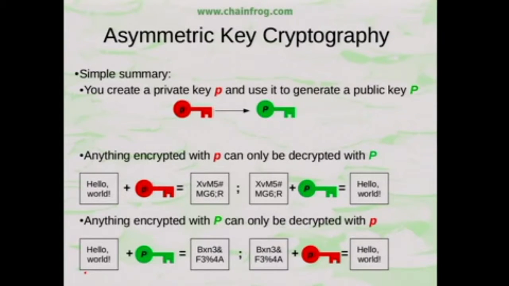So at the bottom, hello world, encrypted with the public key, gives you a different ciphertext, and it can only be decrypted with the private key. And because you use the private key to generate the public key, it's not fully symmetric. Well, this is basically it. That's, in a nutshell, how it works.